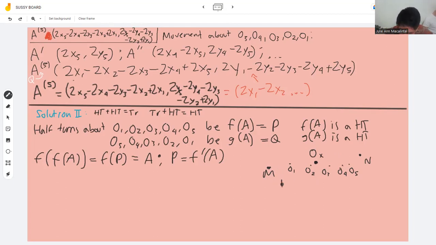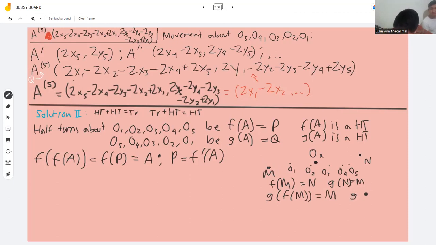So imagine the function F of M goes to N. Now the other function G of N goes to M. So if we nest G of F of M, it all goes back to M because M will go to N and then N will go back to M. So this means G and F cancel.